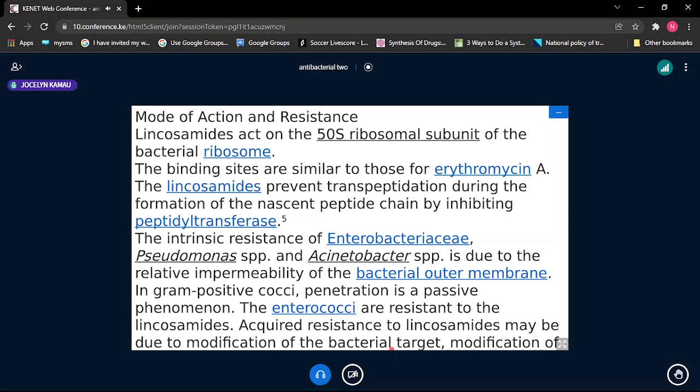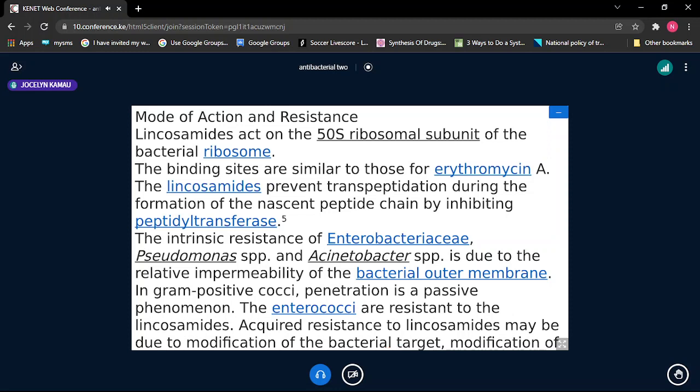Remember, we said acetylation of either the position 1 hydroxyl group or the position 3 hydroxyl group. Those hydroxyl groups are necessary for binding the receptor. So once you destroy either the drug or the site, the drug will not bind.